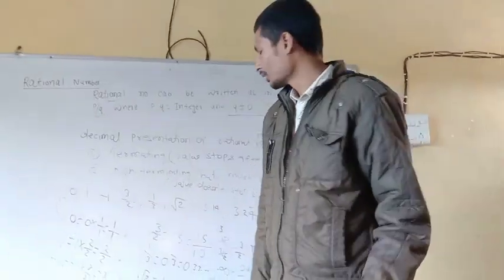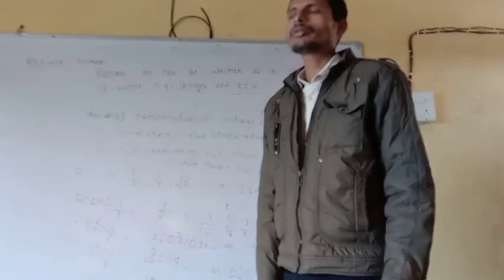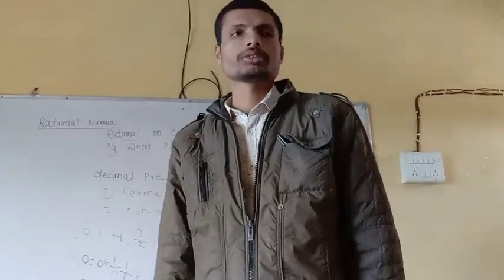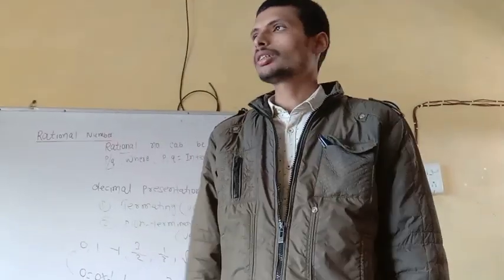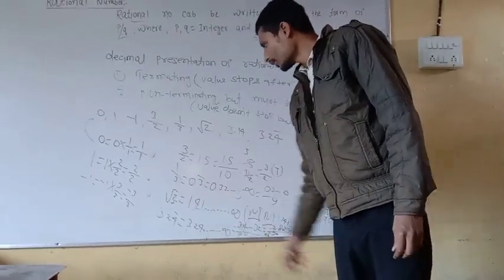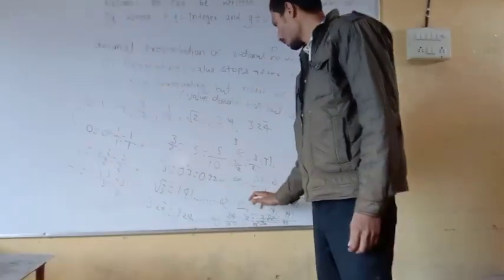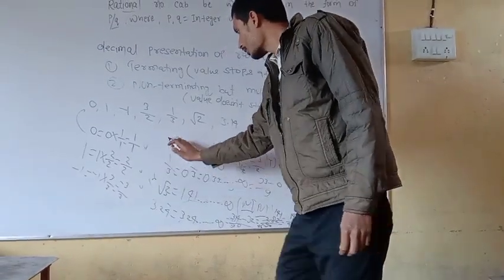So we can't write them in the form of p by q. Here, the value of root 2 we have found up to, I think, 3.14 digits after the decimal point, but till now it can't be written in the form of p by q. So this number is an irrational number.